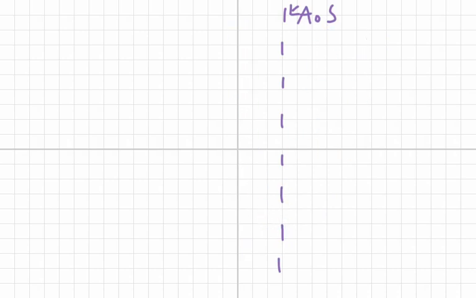But what I do know is that the vertex is somewhere on that line. And so the x coordinate of the vertex is 3. I'm going to repeat it. The x coordinate of the vertex is 3.